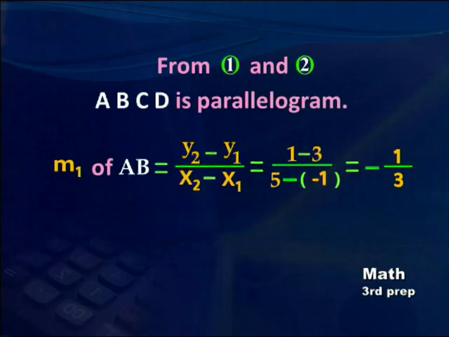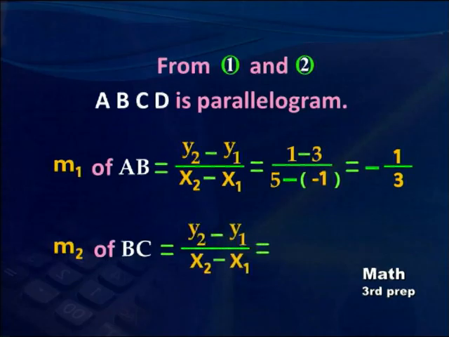Then M2 will be the slope of BC. In the same way, it is y2 minus y1 over x2 minus x1. By substituting, it is (4 minus 1) over (6 minus 5), to obtain a result of 3.